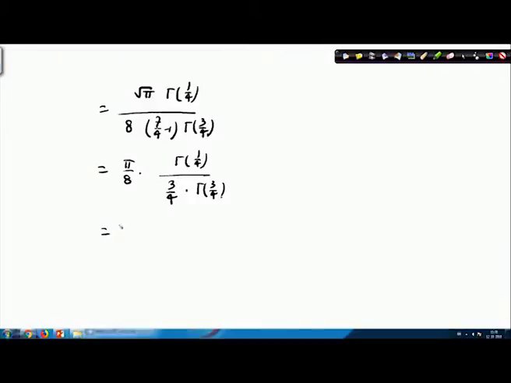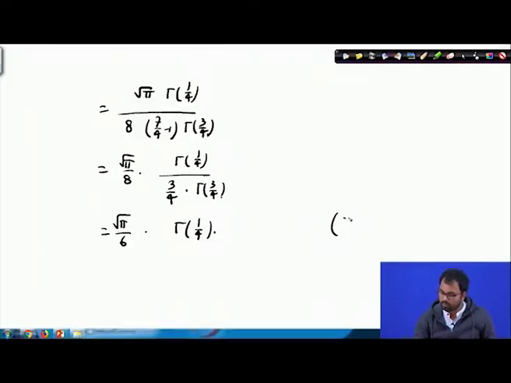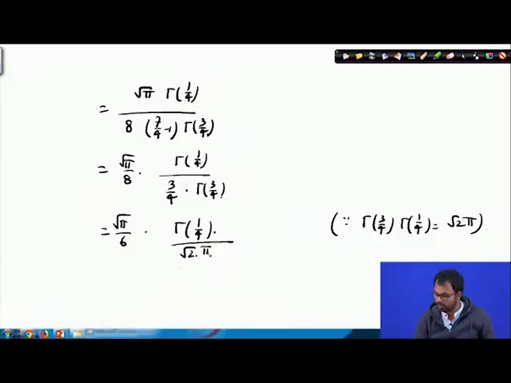Now, we will have square root of pi by 6, and we will have gamma 1 by 4 times, so we know that gamma 3 by 4, we just derived this formula, gamma 1 by 4 equals square root of 2 times pi. So, gamma 3 by 4 will be square root of 2 times pi, divided by gamma 1 by 4.